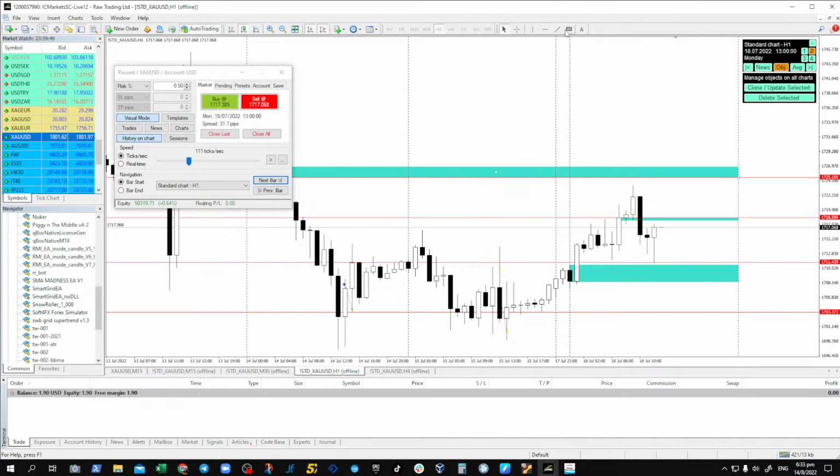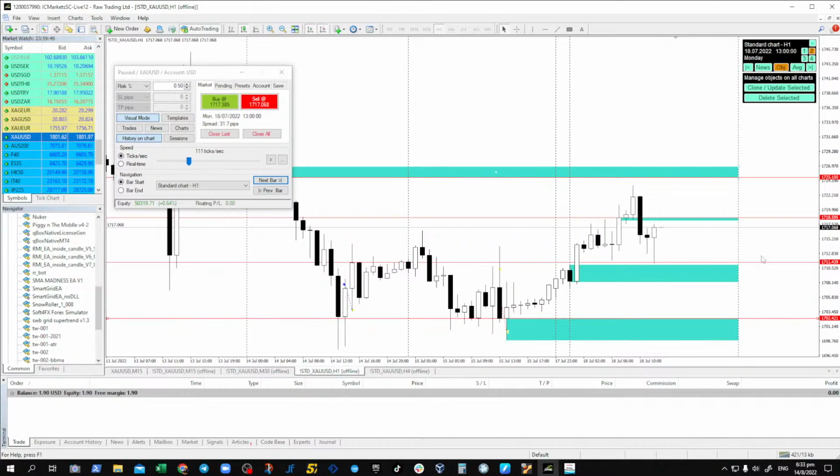And then there's a demand zone down here, which actually should be this one. So we need to adjust this a little bit. Let's see, it's kind of high.